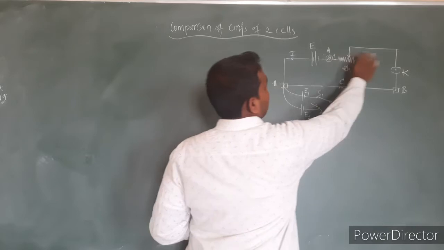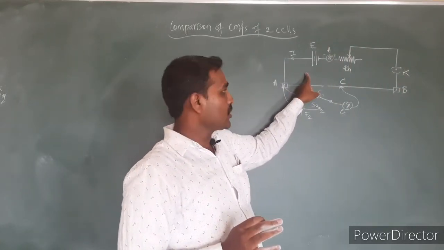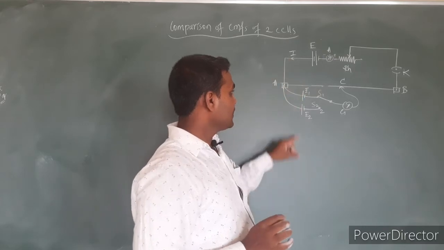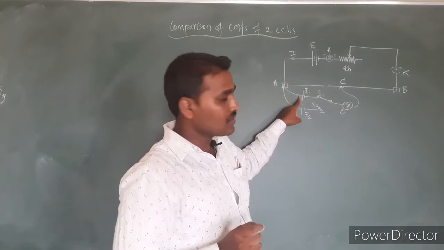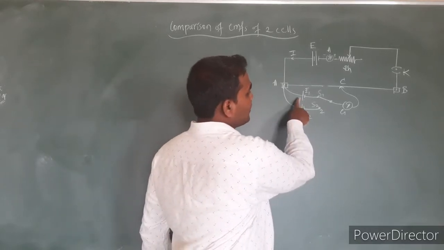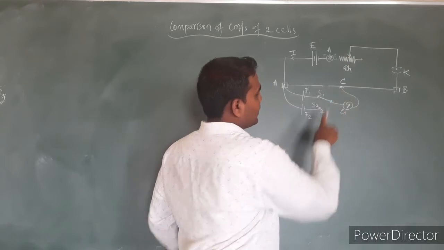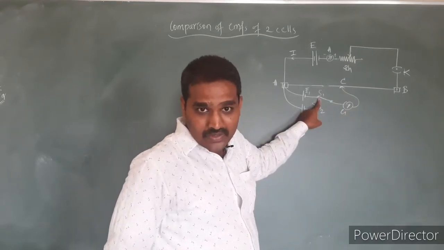This is the basic part of the potentiometer as we have seen in the working of a potentiometer. Now we have two cells of EMF E1 and E2. This cell E1 can be connected through this galvanometer and jockey by using switch S1.